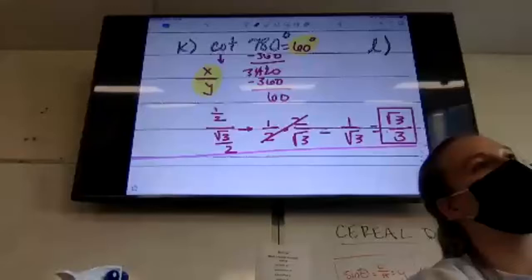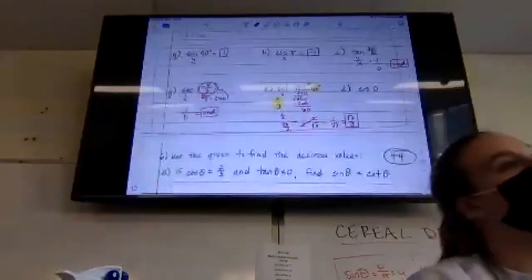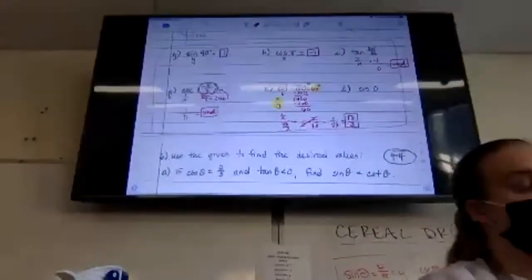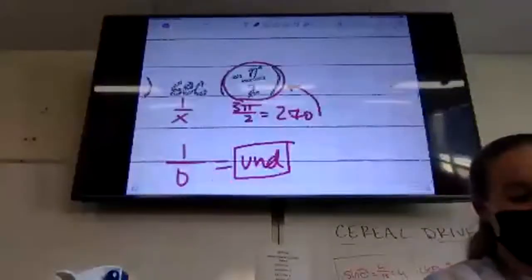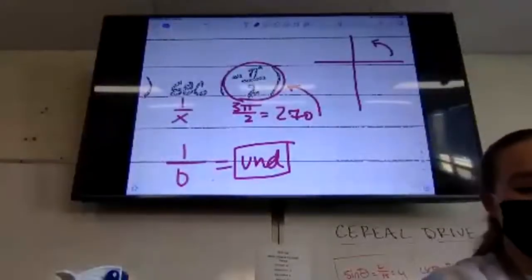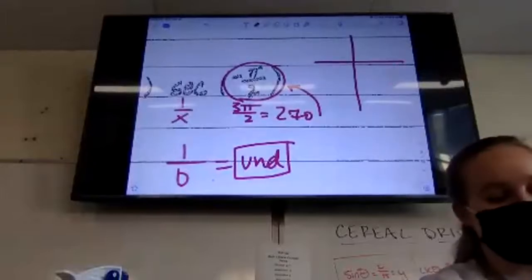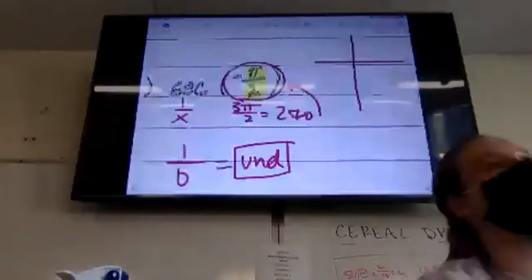Ellie? Great question. So I think about my little unit circle, and instead of going up and around, I'm going down and around. How much is pi over 2 if I go a normal amount?